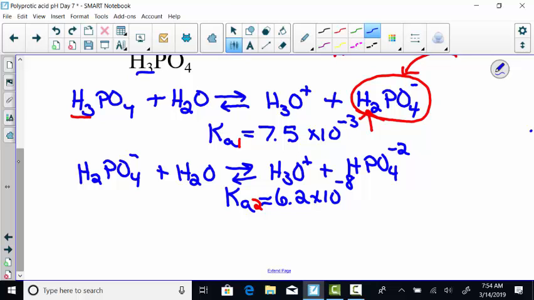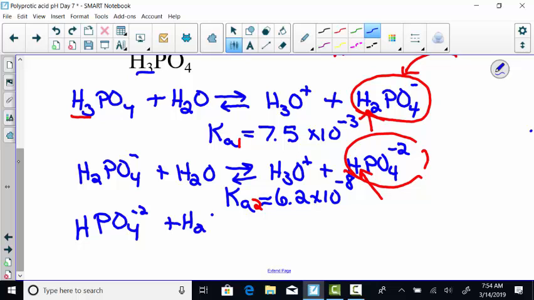But we still have this compound which still has yet another hydrogen that it can give up. So there is a third equation, which would be HPO4 minus 2 plus H2O. Still an equilibrium.